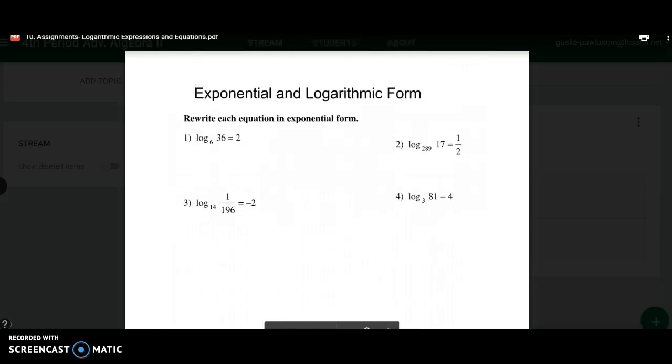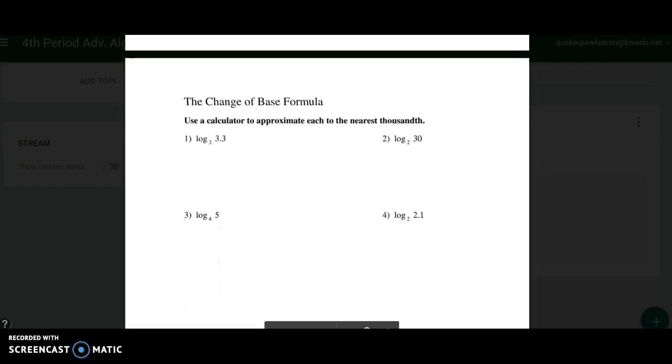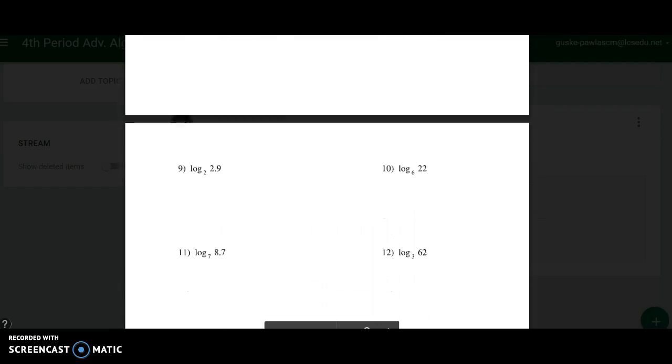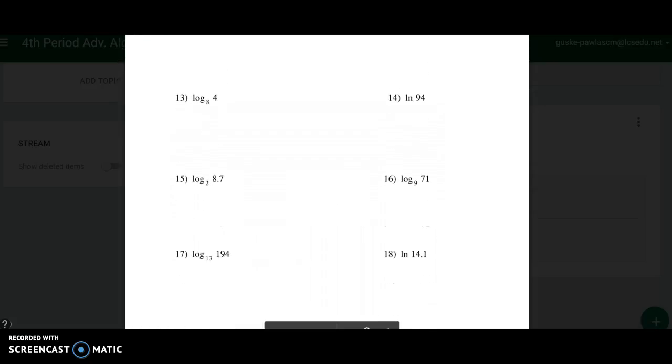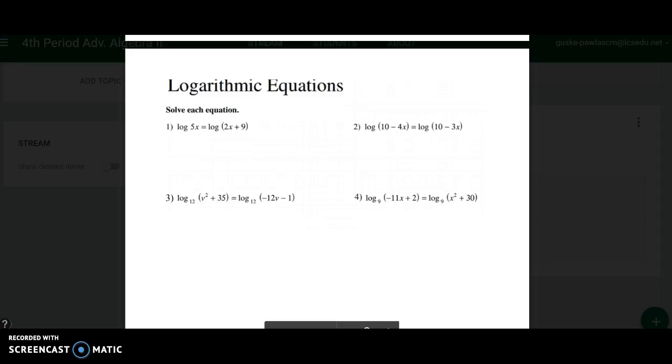You've got putting those in exponentials, putting that in logarithmic form, a whole bunch of change of base problems that can be done in the calculator. They're very fast. And then solving the logarithmic equations. All of these have the same log, so you're basically just solving equations.